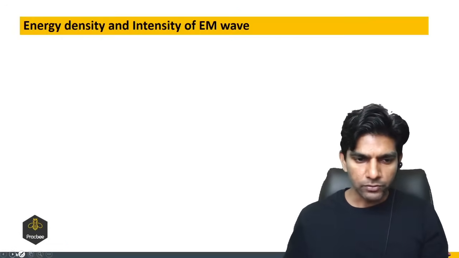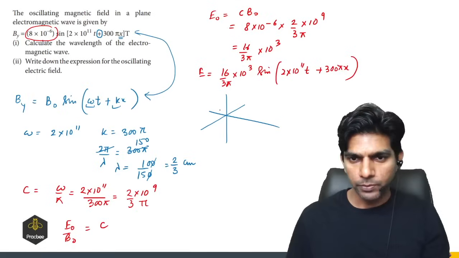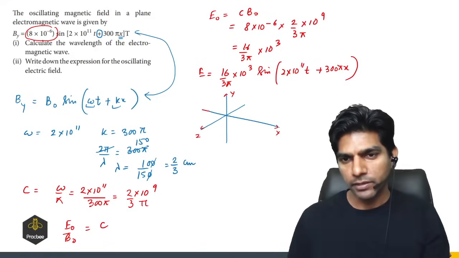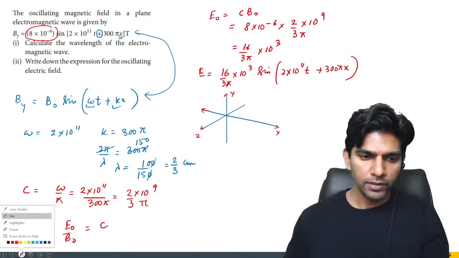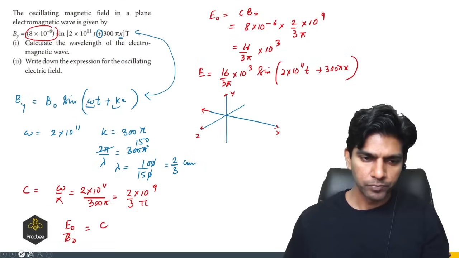So if this direction is x, this is y and this is z, the radiation is propagating in this direction.